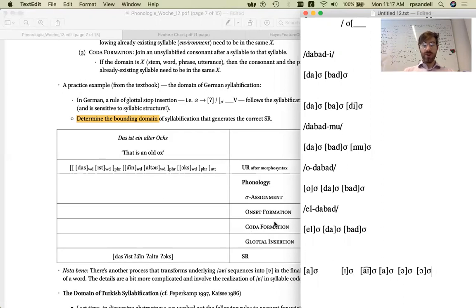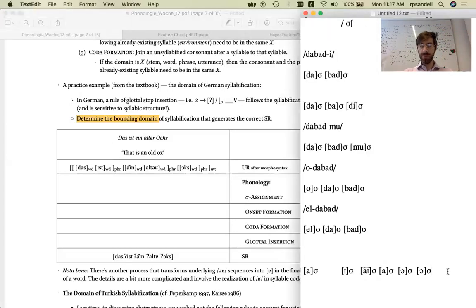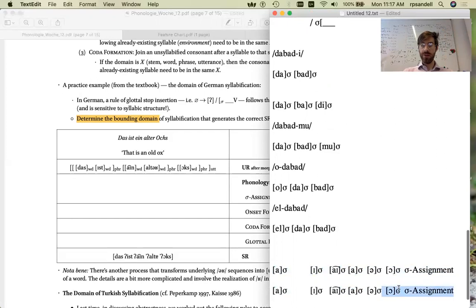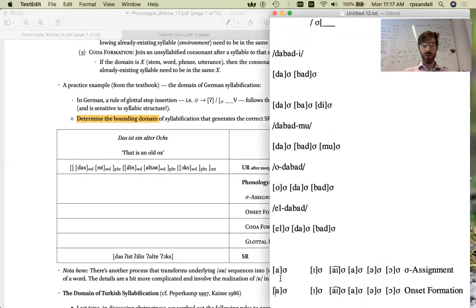Now, when it comes to onset formation, we can begin from the left and go to the right. So here's the first step in our derivation, syllable assignment. When we proceed to the next step of onset formation, first the da will need to be incorporated here. And now here we have an interesting question.